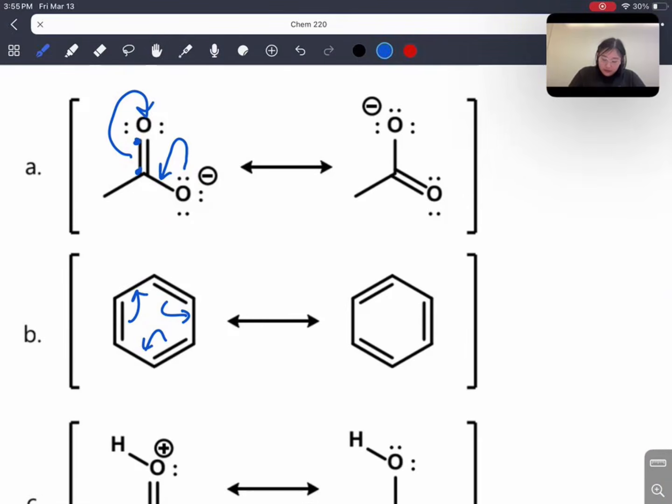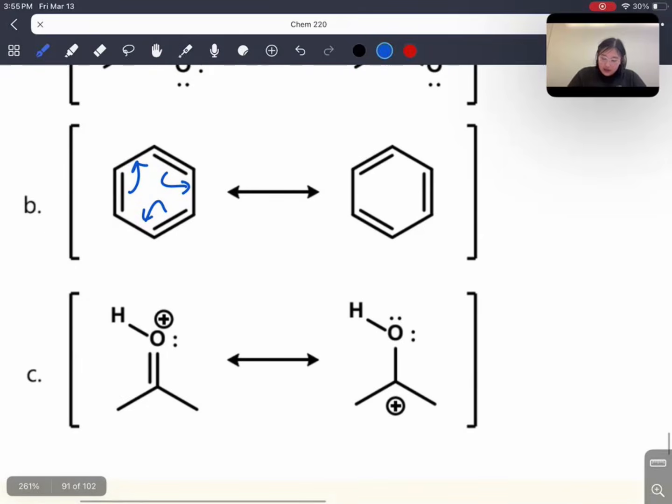And then the last one, I can see that I have a double bond here, but now I have a lone pair. So that means that instead of being shared between the oxygen and the carbon, it just ends up as a lone pair on the oxygen. So I would take my arrow, start it from the double bond, and draw it to the oxygen. And that's how my bond ends up as a lone pair.